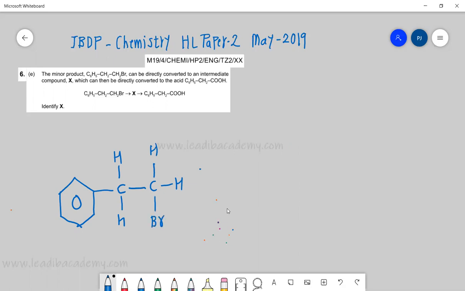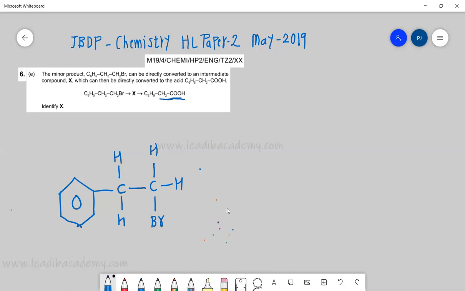Please understand that if we have to get directly the carboxylic acid, it can be obtained by oxidation, and oxidation means we need to start from an alcohol.